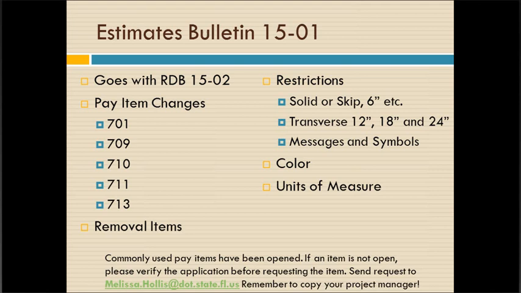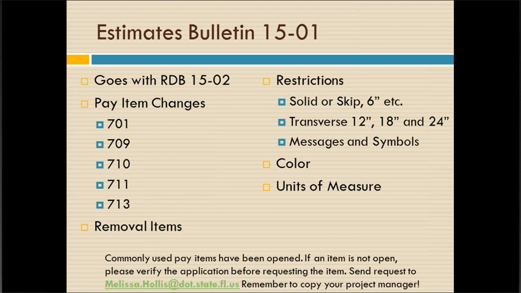Obviously, if your material is only valid for the longitudinal lines, you will not see pay items open for the transverse markings or any of the messages. If it is something that's valid for all those applications, then you should see the pay item structure for those.